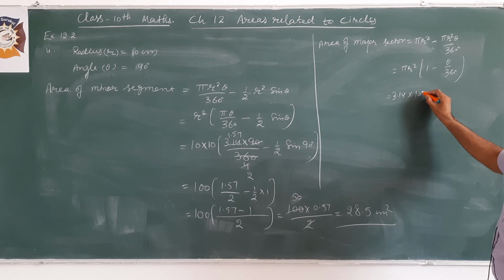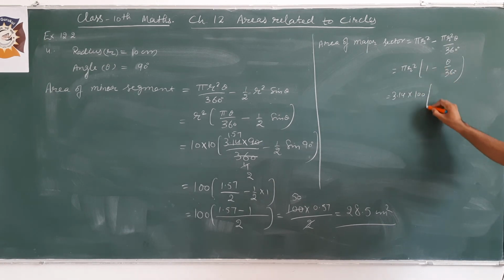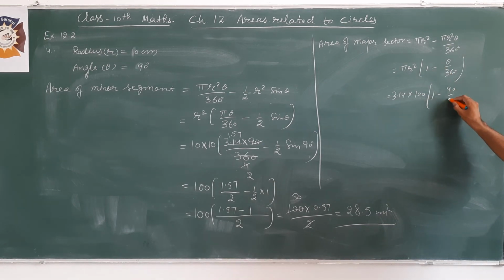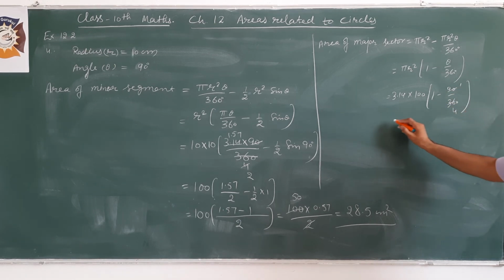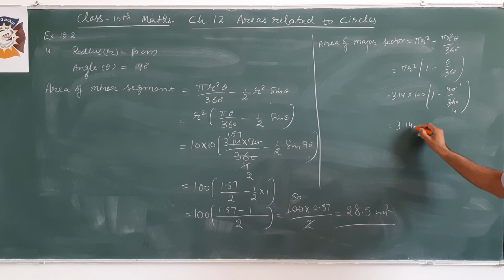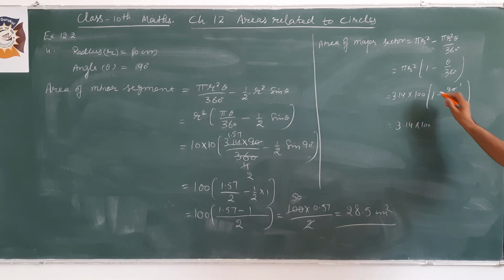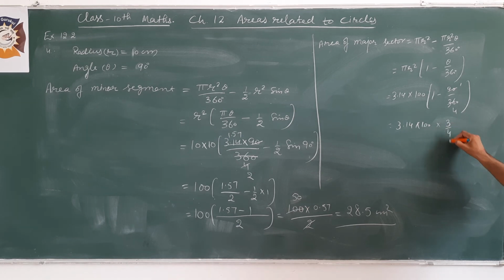R is 10, 10 square is 100, 1 minus 90 upon 360, 1 by 4. 3.14 into 100, take the LCM, that is 4 ones are 4 minus 1, 3 upon 4.